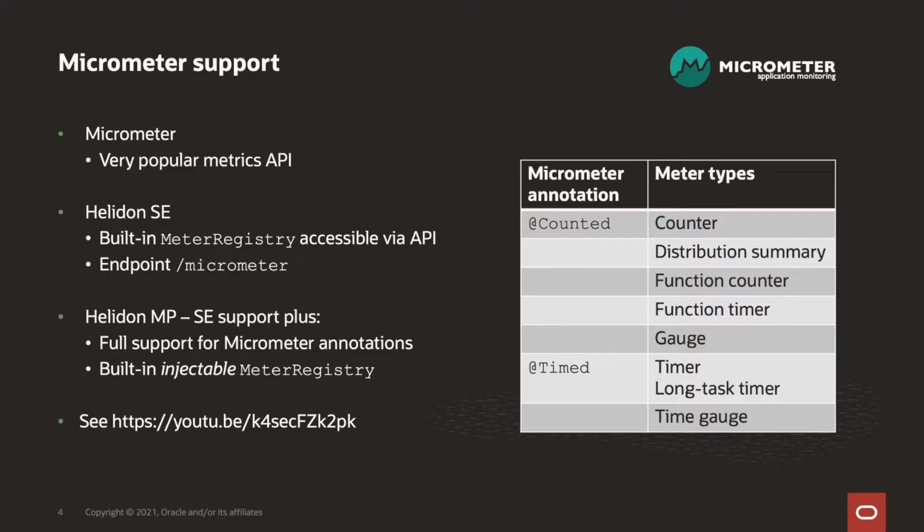In Helidon MP, our Micrometer support includes what's in SE plus full support for the Micrometer annotations and a built-in injectable meter registry, which your code can use to explicitly access the registry, adding new meters, retrieving meters, and so forth. There is a separate YouTube video that describes the Micrometer support, and I encourage you to take a look at that.